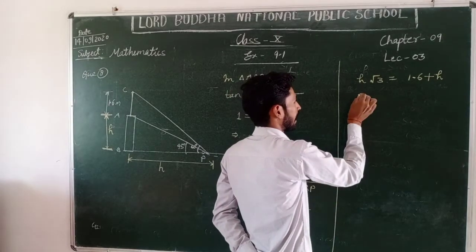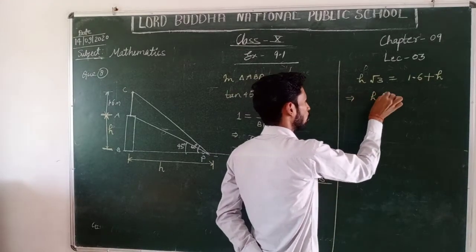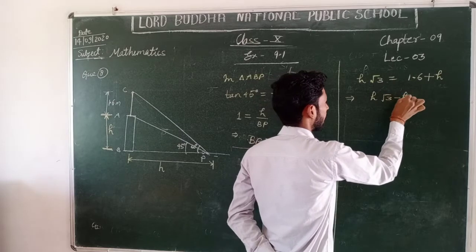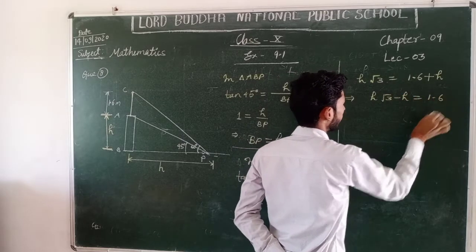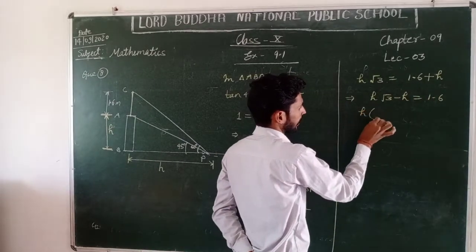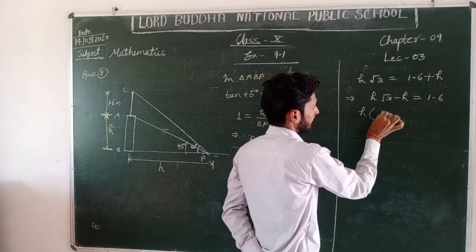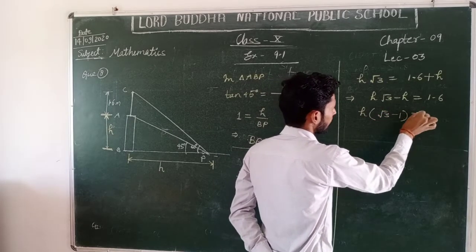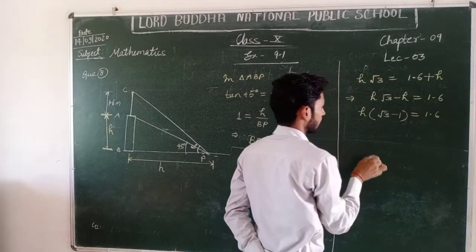Now we can write it as h root 3 minus h equals 1.6, and if we take h common, then this will be h times root 3 minus 1 equals 1.6.